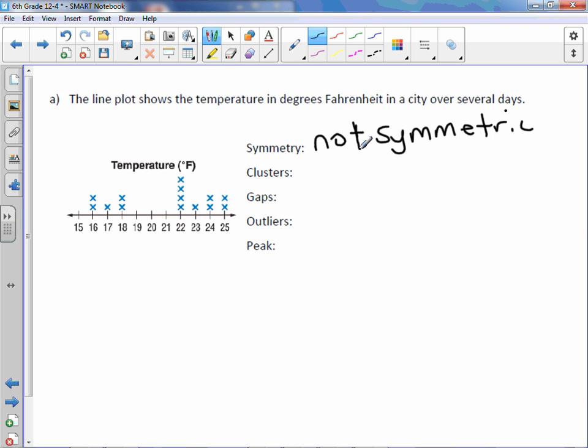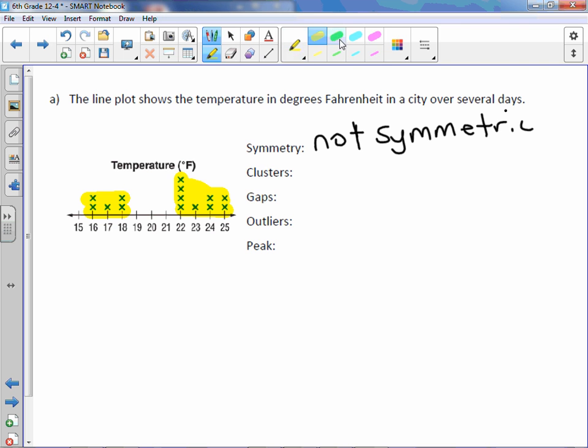Okay. Clusters. Well, if we take a look here, we have some clusters here. Let me get the highlighter. We have a cluster here, and we have a cluster here. That includes all of this data. So I can say that both are clusters.